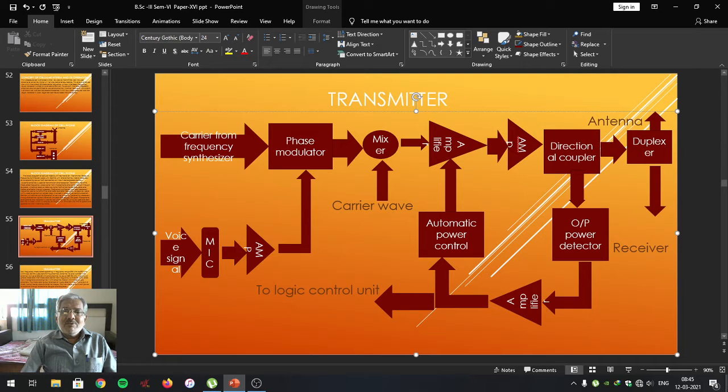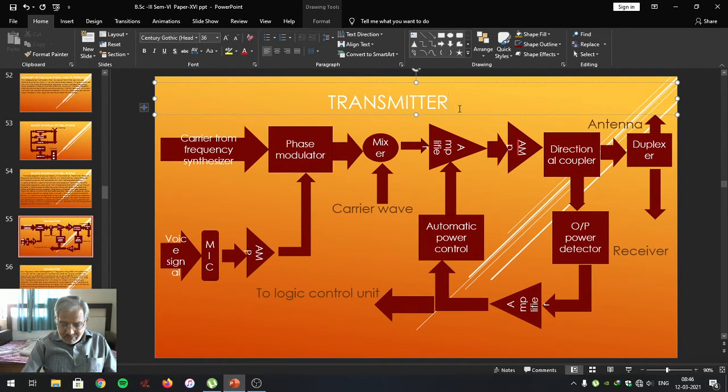Today onwards, we are going to study details regarding the individual block. Dear students, today let us begin with transmitter as one of the blocks which is present in the cell phone or mobile phone.